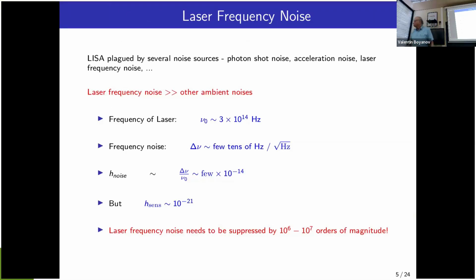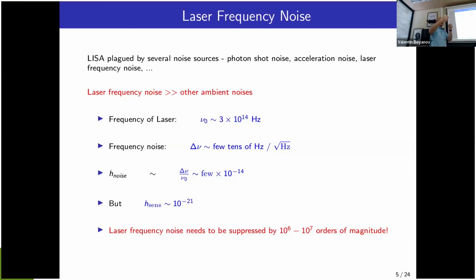There is one source of noise which plagues the laser interferometer detector, and that is the laser frequency noise. The reason is that it is an unequal arm interferometer. You can't keep the length of the arms the same because these are spacecraft orbiting the sun.